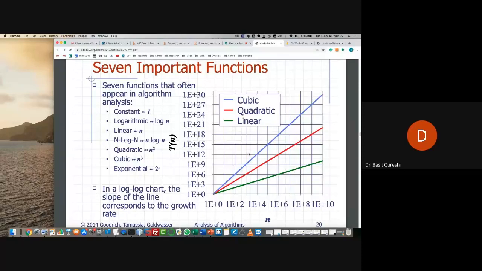Next is quadratic, which is n squared. Next is cubic, which is n cubed. And the worst of these, the eighth one, is exponential. Exponential is usually not considered polynomial time. It's exponential time, which is a very large value.